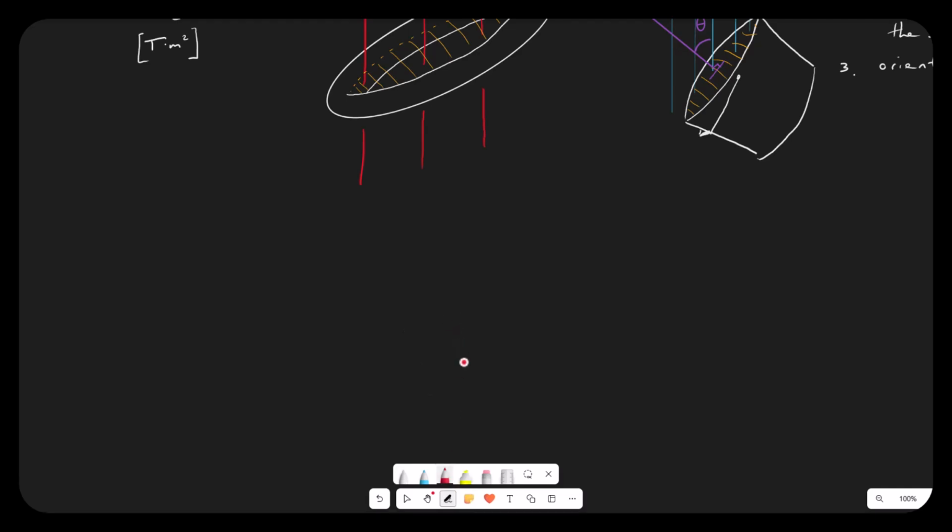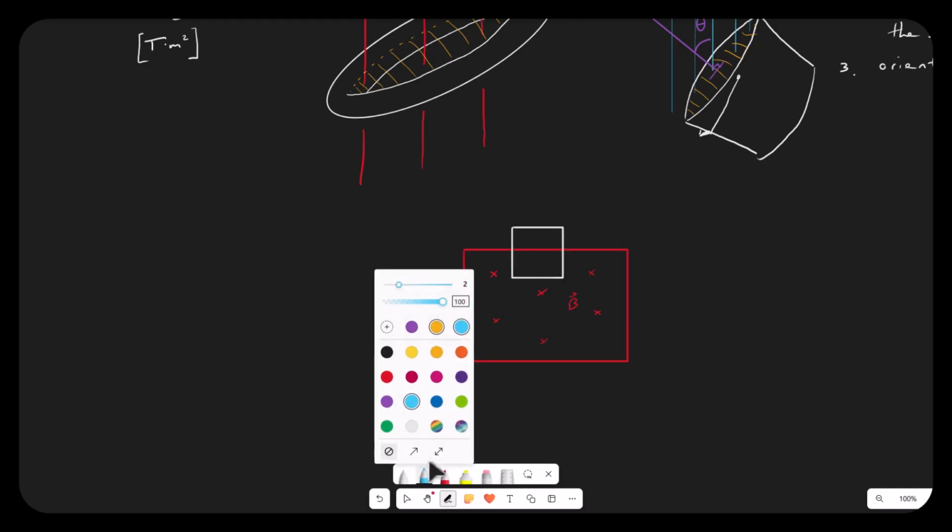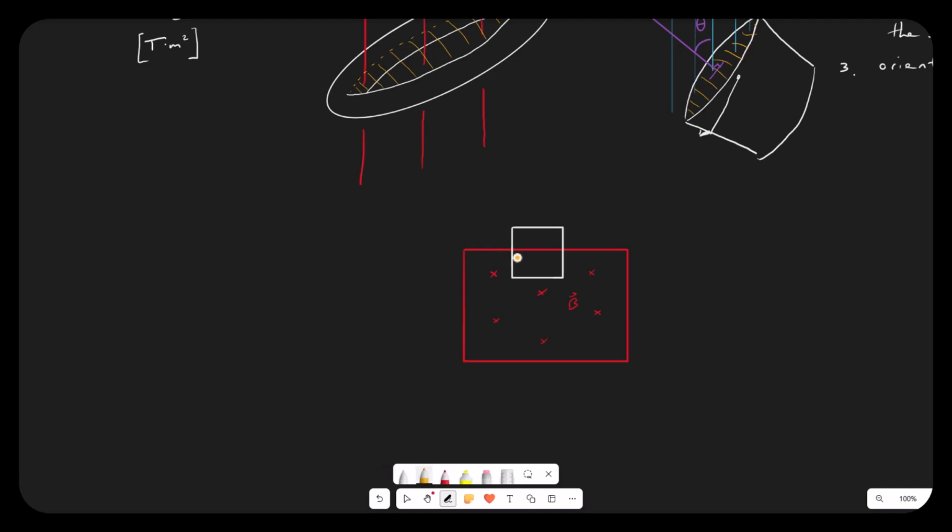Because these are the sorts of questions that come up with this a lot, maybe I have a region like this, and I have a magnetic field that points into the screen in this region. And I have a loop of wire like this. This part of my wire is exposed to the magnetic field, and this part up here is not.